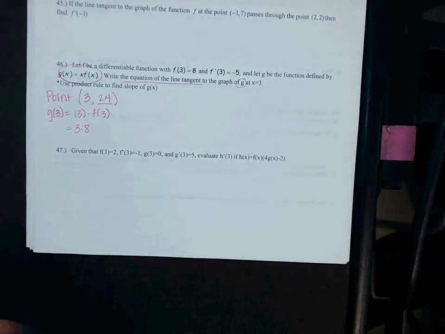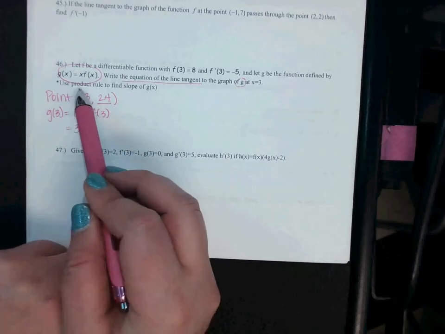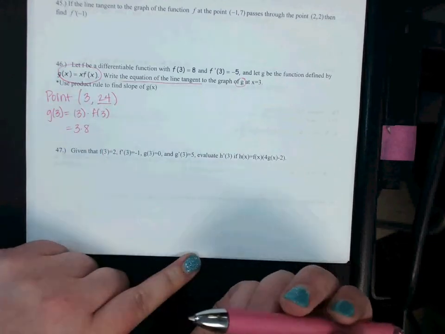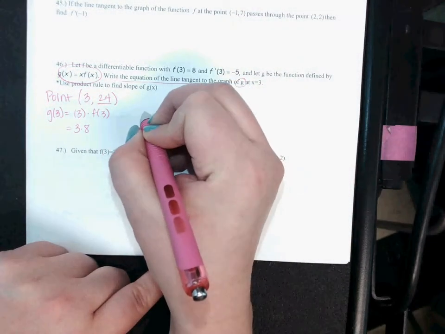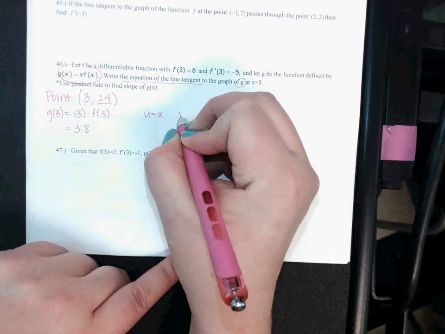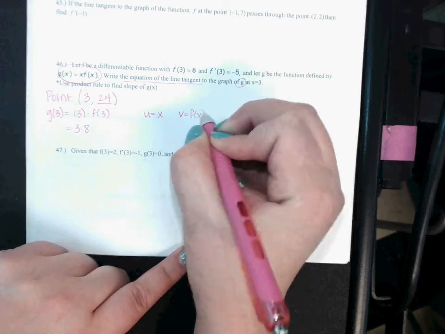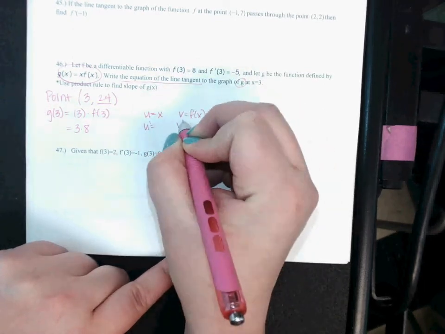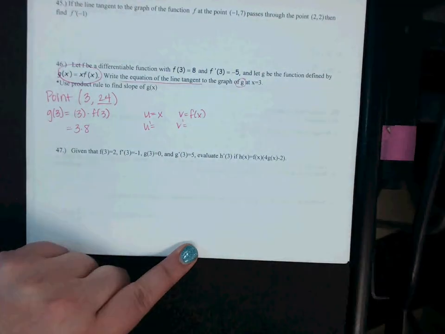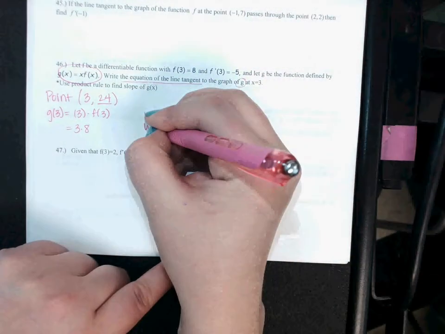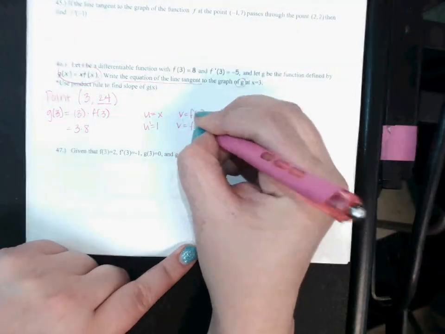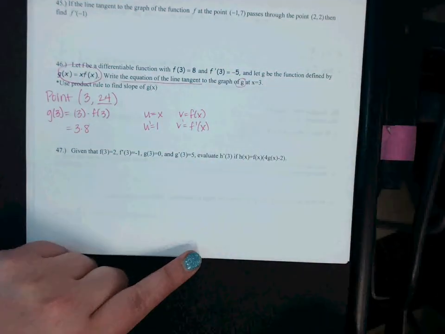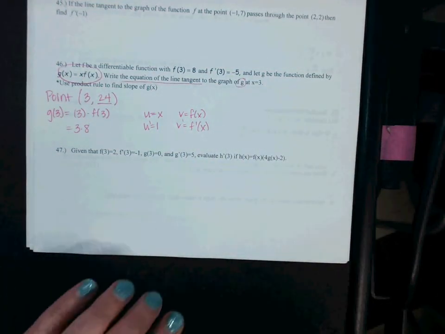Now, here's the reason that matters. If G is x f of x, what rule do I need to take the derivative? Okay, also see the hint. Use product rule. So, u is x, v is f of x. What is u prime? What is v prime? So my derivative would be one diagonal plus the other.